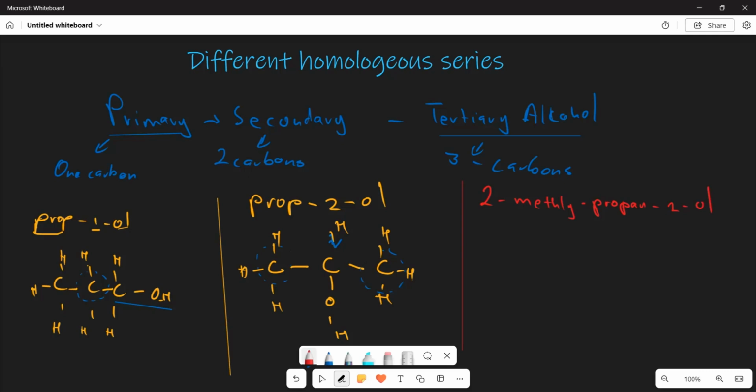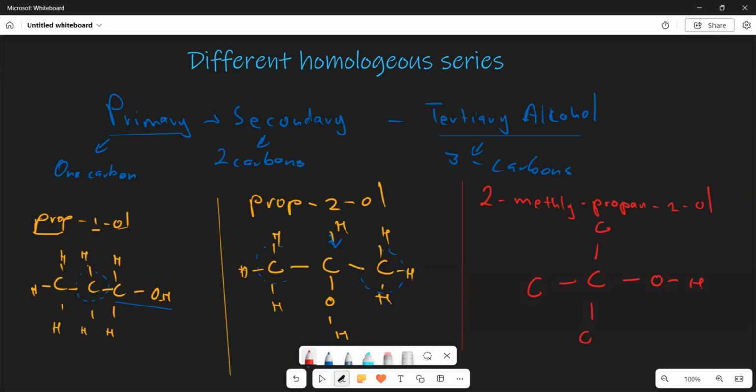And I know you are probably thinking this is too much, but let's look at this. The C that is bonded with an OH, can you see the C that is bonded with an OH? It is going to be bonded with 1 C, 2 C, and 3 C, right? So that is going to be your tertiary alcohol.